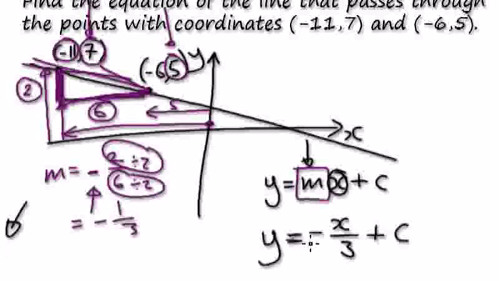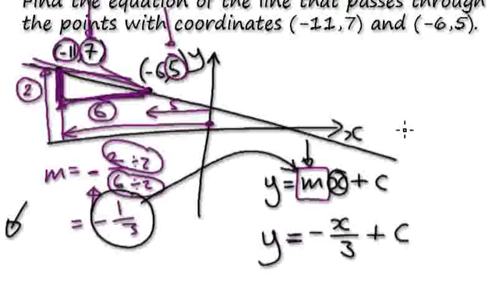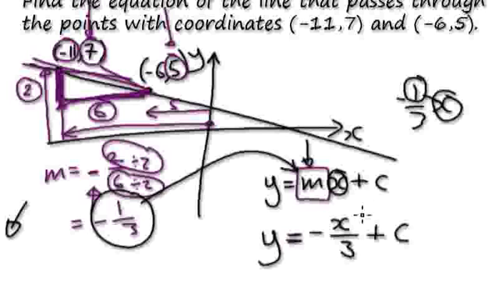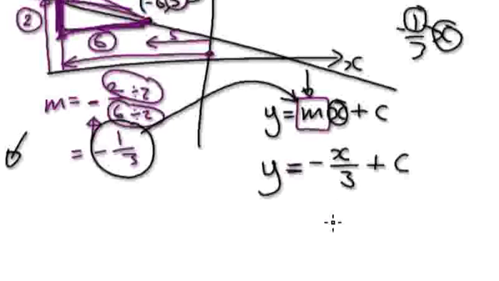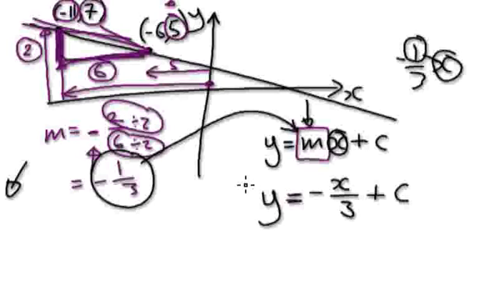If you put the minus a third into the m and times x, the x gets multiplied to the top, and 1 times x is just x. What's the next step?